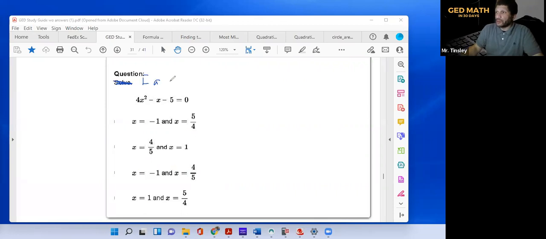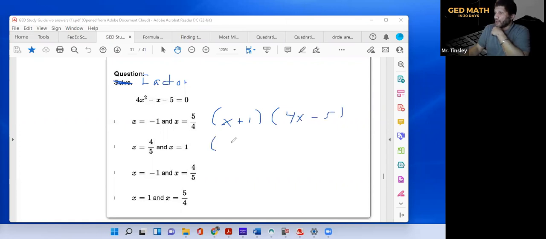this equation. So I got x plus 1 times 4x minus 5.